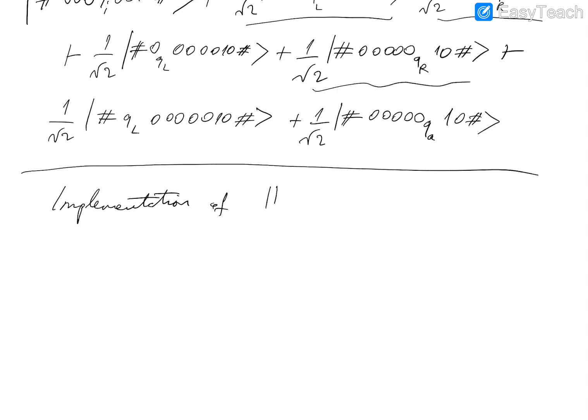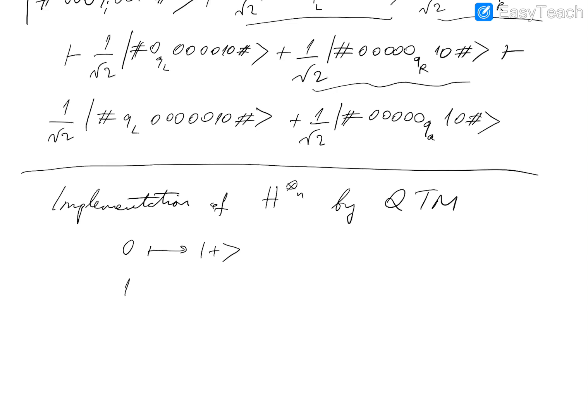Implementation of Hadamard transform, Hadamard tensor n, an n-qubit Hadamard transform by quantum Turing machines. Okay. All right. So we basically want to transform each symbol 0, right? So all zeros will be transformed into a state ket plus, right?